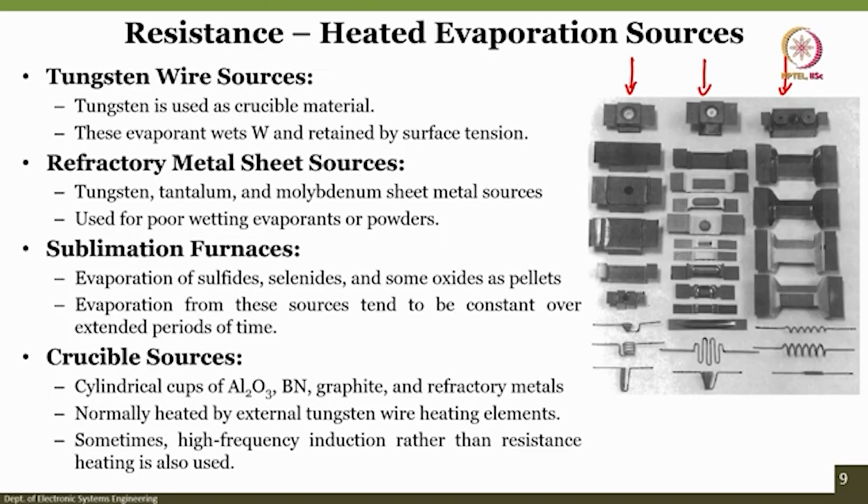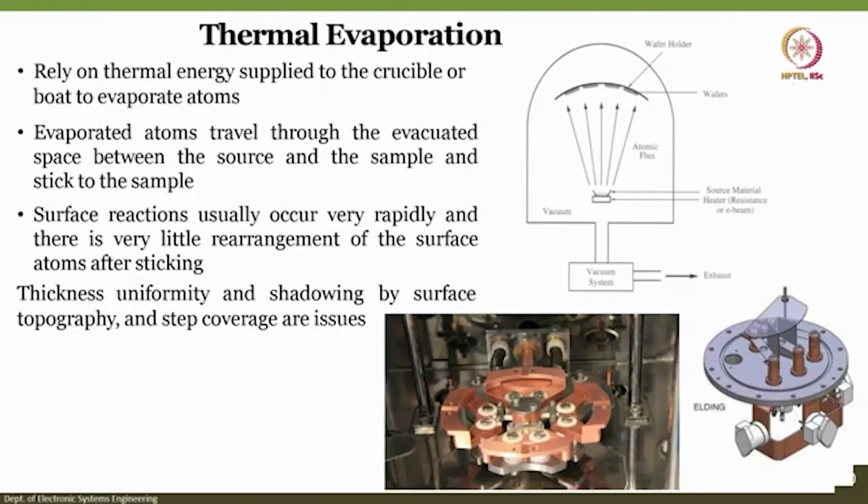Then there are crucible sources, generally cylindrical cups of Al2O3, BN, graphite and refractory metals, normally heated by external tungsten wire. Sometimes high frequency induction rather than resistance heating is also used for such sources.